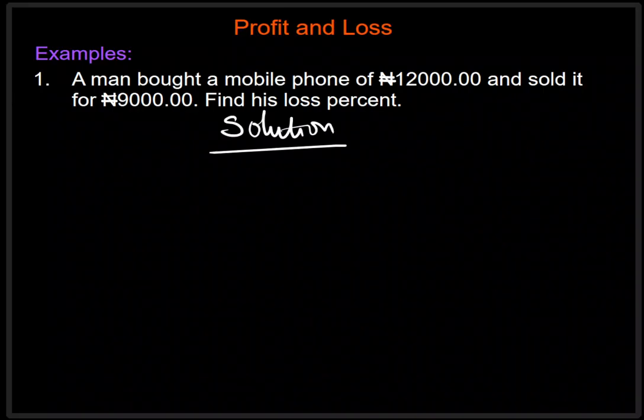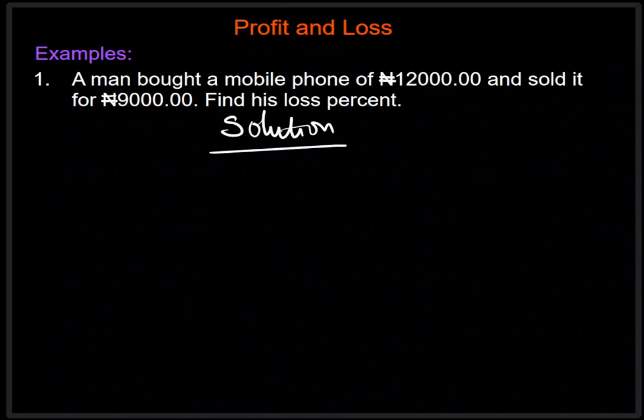We did say that we can only get profit when the selling price is bigger than the cost price, and we can only get loss when the cost price is bigger than the selling price, right? So that's the first thing we need to do. We must be able to identify the cost price and the selling price so that we can find the loss or the profit.